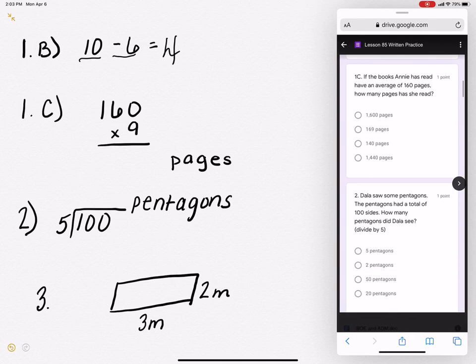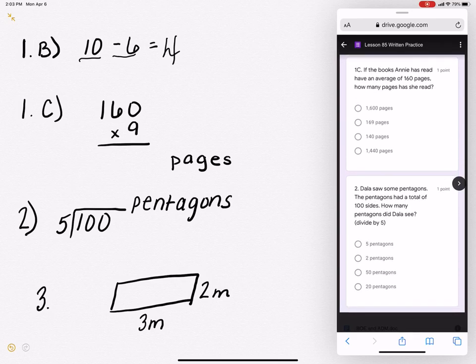Alright, moving on to 1C. If the books Annie has read have an average of 160 pages, how many pages has she read? So if we multiply the number of books she has read, which is 9, and the number of pages, which is 160, and we multiply them because she's read 160 pages 9 times, that will give us our answer.